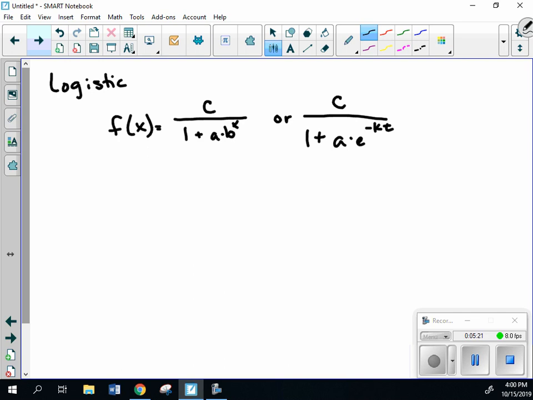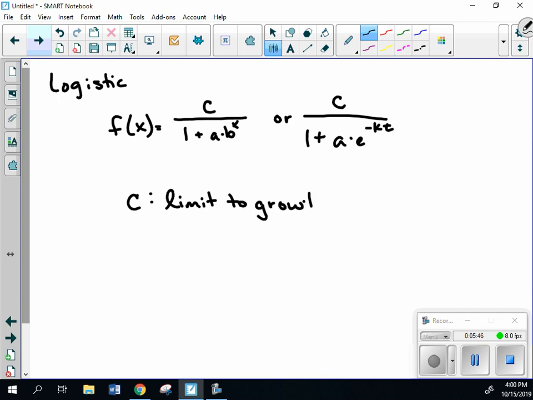The majority of the time you'll see it in the latter way just because we're dealing with a decay situation, and that's not that big of a deal. With that logistic, the a and the b are still representing the same thing. The c, however, is representing a limit to the growth.